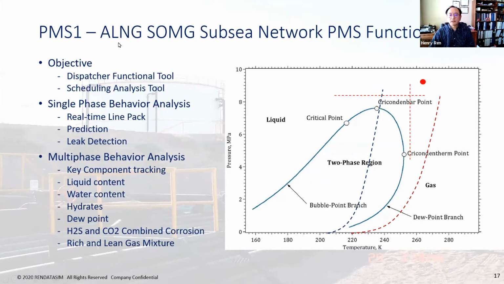First we talk about the Angola LNG subsea network. It monitors all three trunk lines and is very sophisticated. We have the single-phase software and the multiphase software, and integrate them together. We also have pipeline corrosion monitoring using OSIsoft PI software.